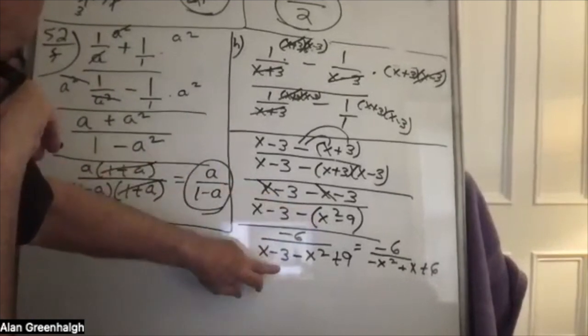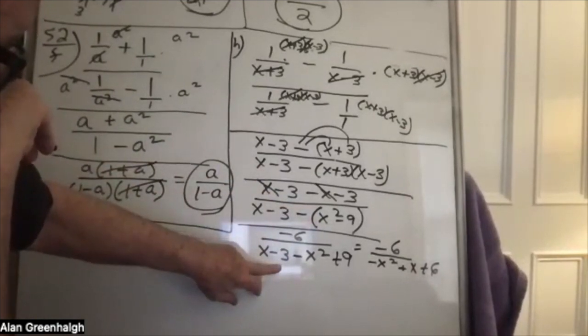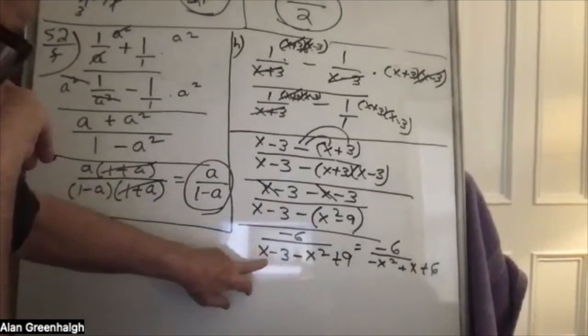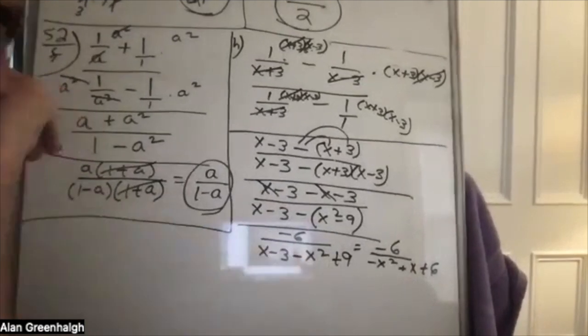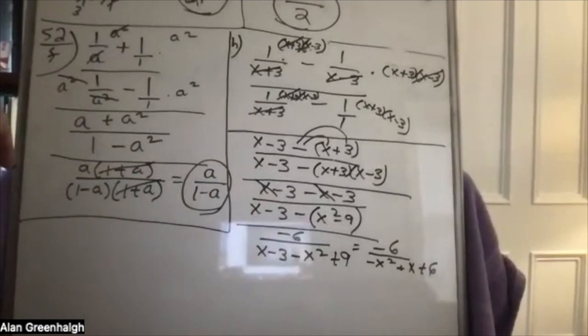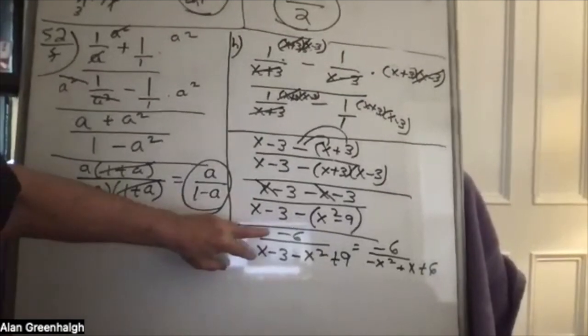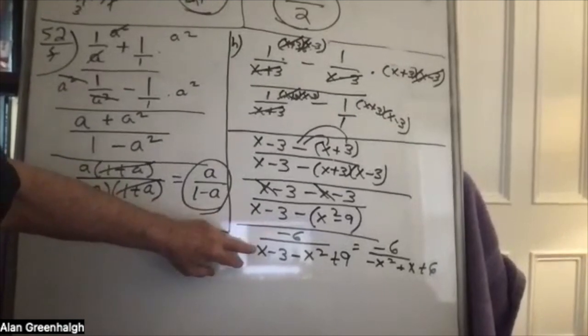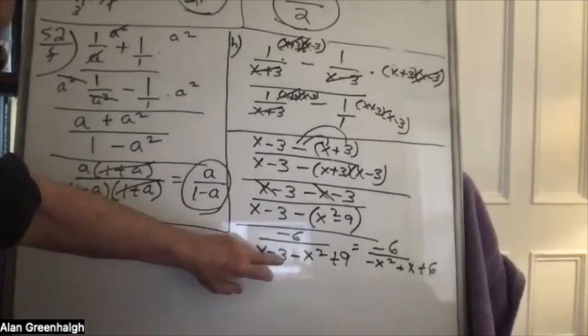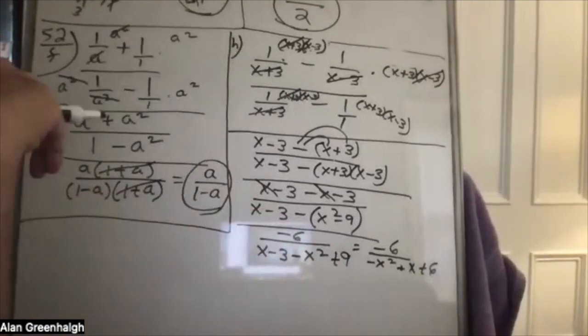No, you wrote as the answer negative x squared plus x plus 6. Oh, that should be -3 plus 9. I'm sorry, I didn't see that. I see. Do you not factor out the negative x squared plus x plus 6 because of a negative? Factor out the what? Do you not factor out the denominator of the final answer? What can I factor out?